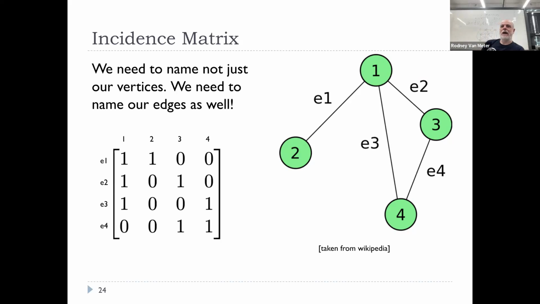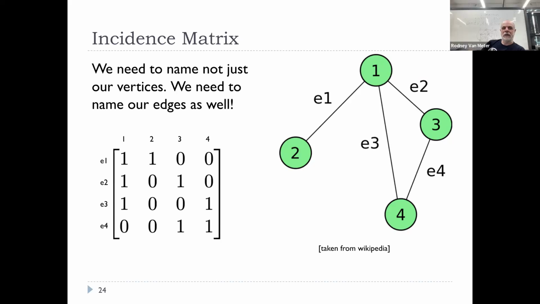So in this case, you have one column for each node and one row for each edge. In the diagram there on the right, E1, E2, E3, and E4, so we have four edges.